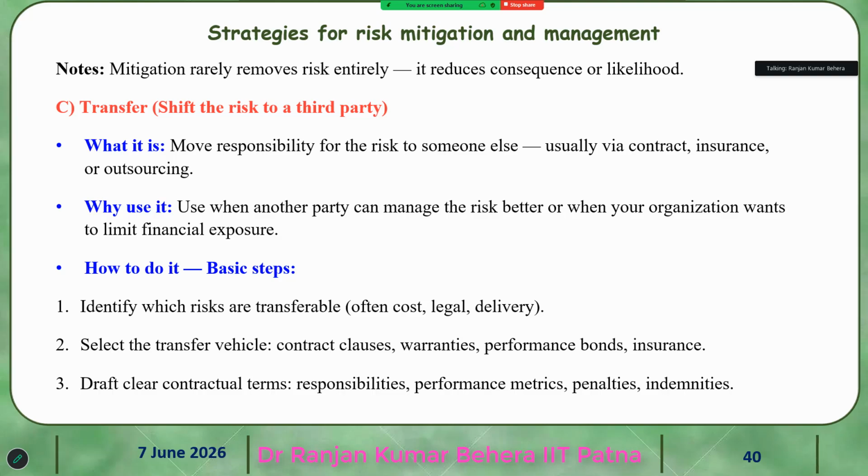Use when another party can manage the risk better, or when your organization wants to limit financial exposure. How to do it? Identify which risks are transferable. Which risk can we give them, and do it very quickly. One is often the cost, legal, and delivery.